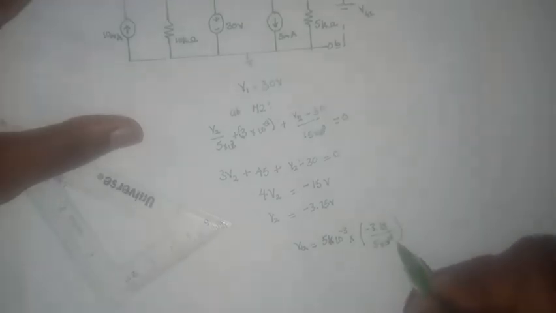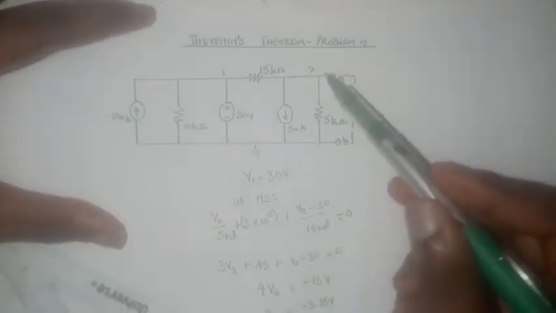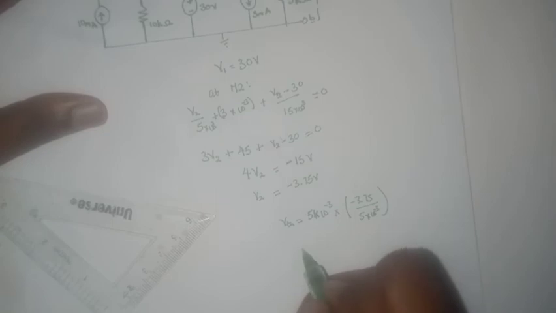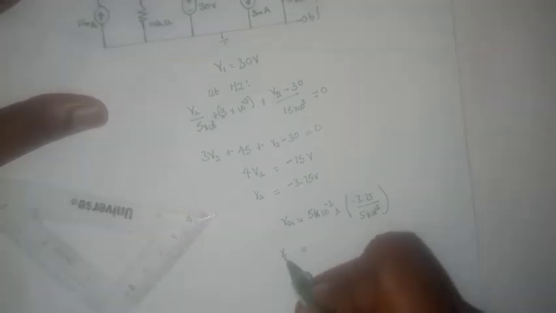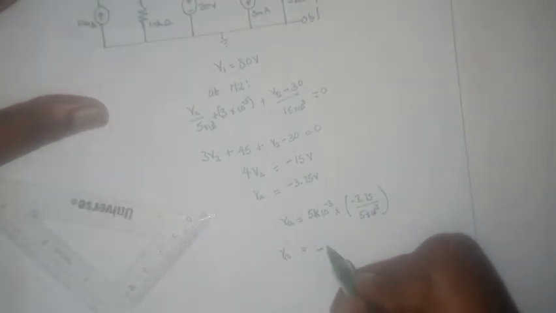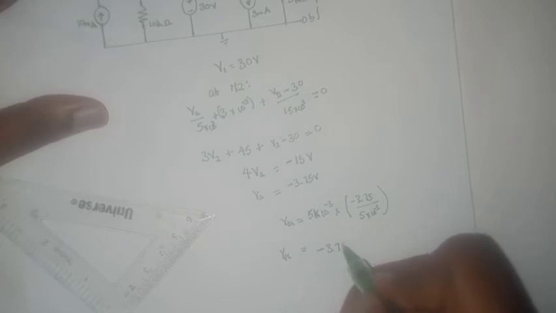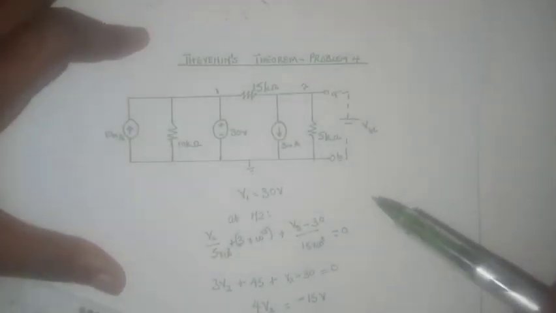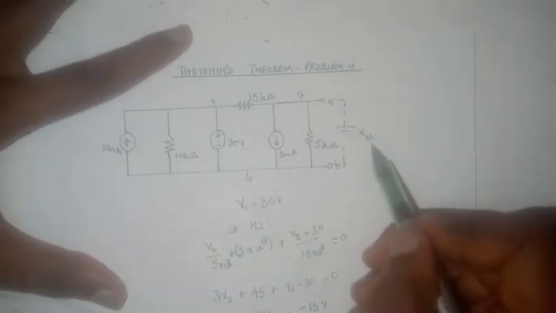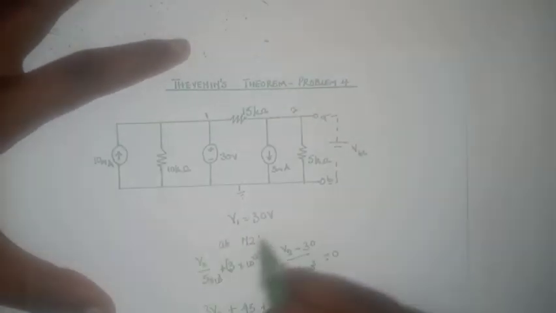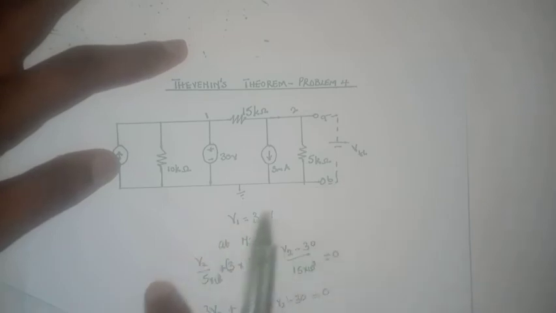Recall that this stands for the current flowing through this branch. That means that VTH is minus 3.75 volts.